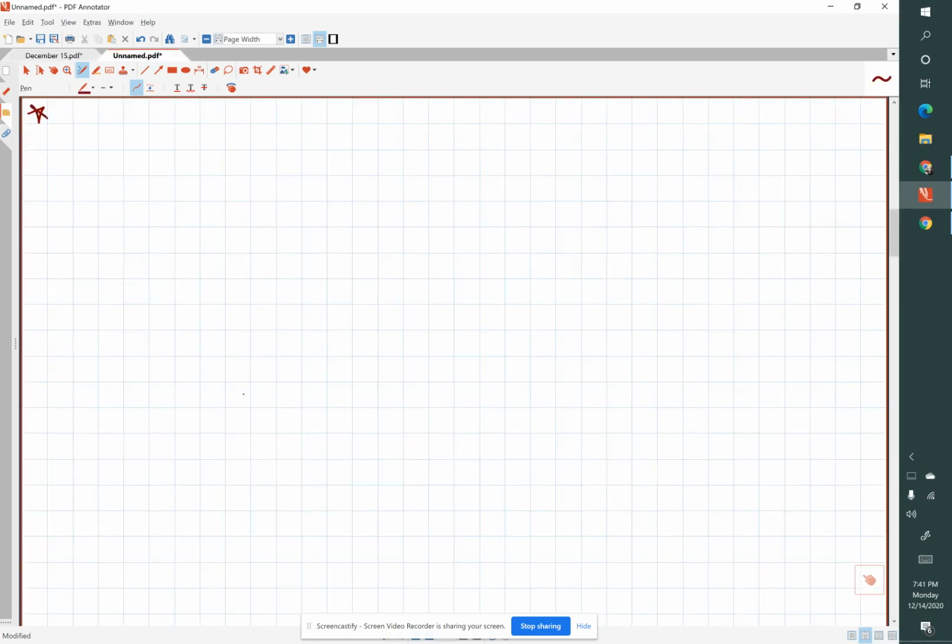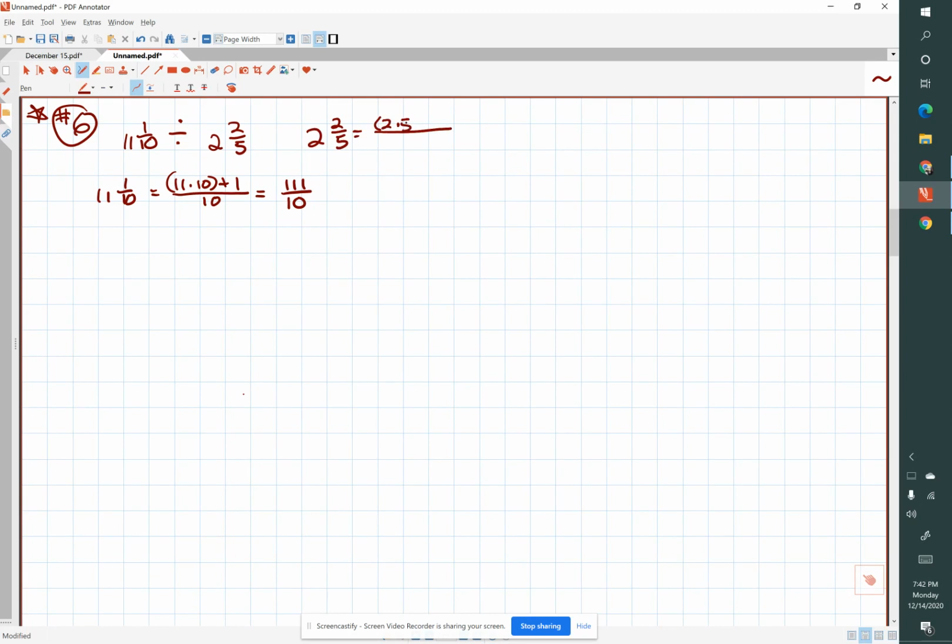Okay, number 6, 11 and 1/10 divided by 2 2/5. So 11 and 1/10 would be 11 times 10 plus 1 over 10, which would equal 111 over 10. 2 2/5 would equal 2 times 5 plus 2 over 5, which would equal 12 over 5.